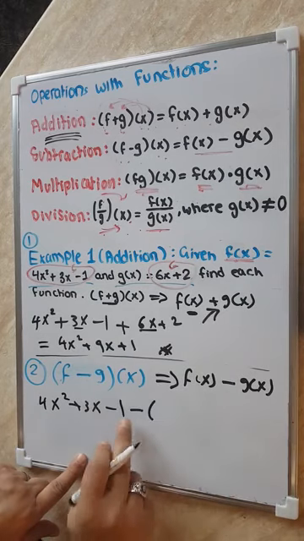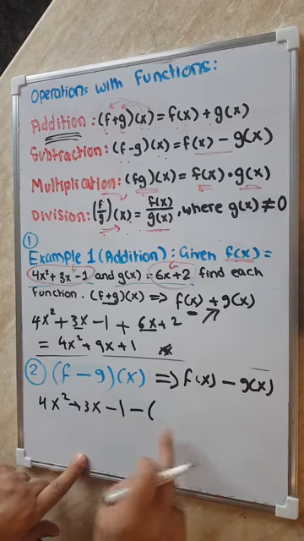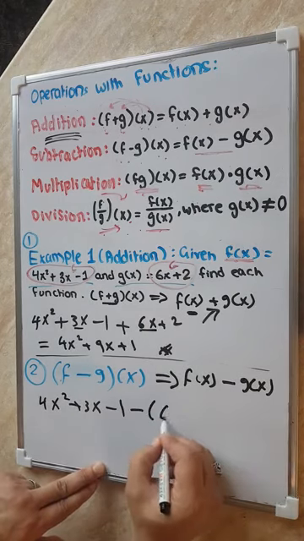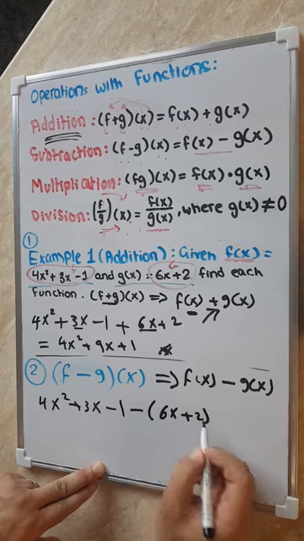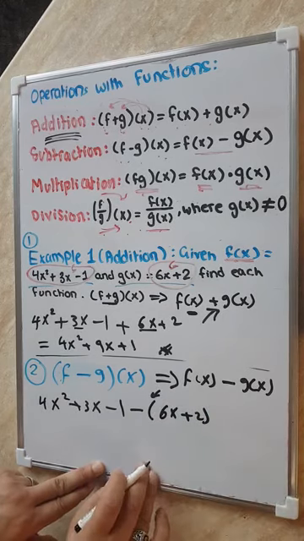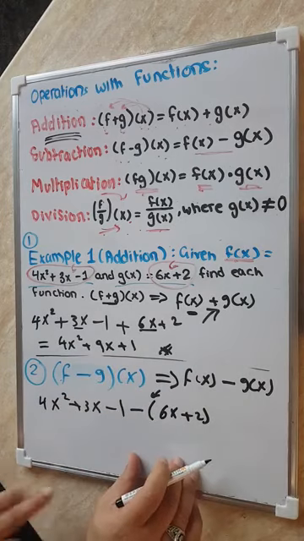Here I open a bracket because it's minus, because what comes after will be changed. I put 6x plus 2 for g of x. Only when it's minus, you put this bracket. For plus, we didn't put this bracket.